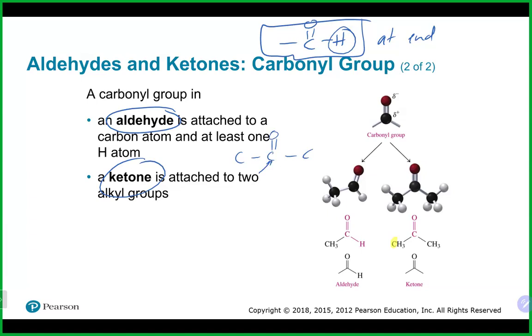So you'll never find the carbon-oxygen double bond at the end in a ketone, because in order for it to be a ketone, it's got to have 3 carbons in a row with the carbon-oxygen in the middle. That's different than an aldehyde, where you will always find the carbon-oxygen double bond at the end of the molecule, because of that hydrogen in the aldehyde. Any questions on that there?